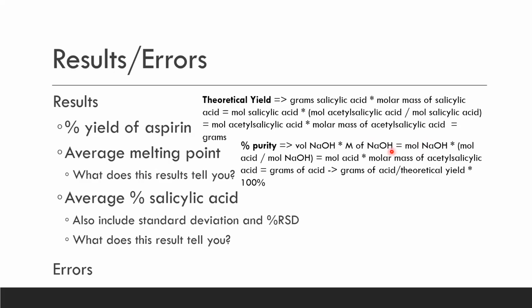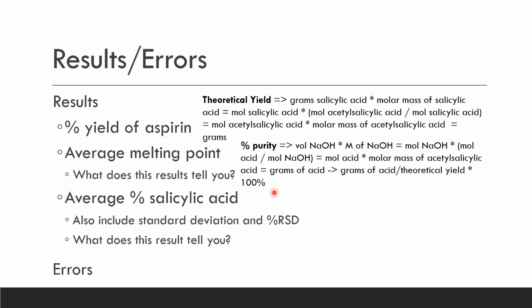And since the ratio of moles of sodium hydroxide to moles of acid is 1-to-1, you basically have your moles of acid. Then you multiply that by the molar mass of acetylsalicylic acid to get your grams of acid in the sample. And then you take the grams of acid divided by the theoretical yield times 100% to get the purity.